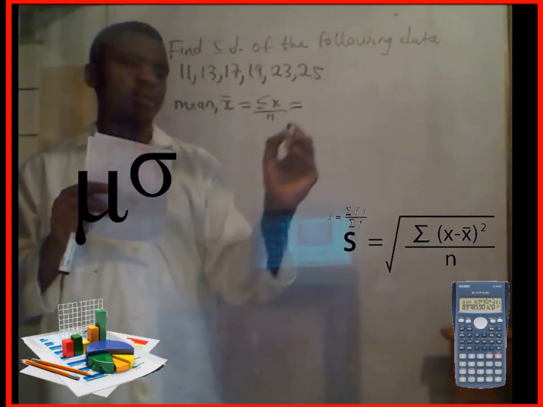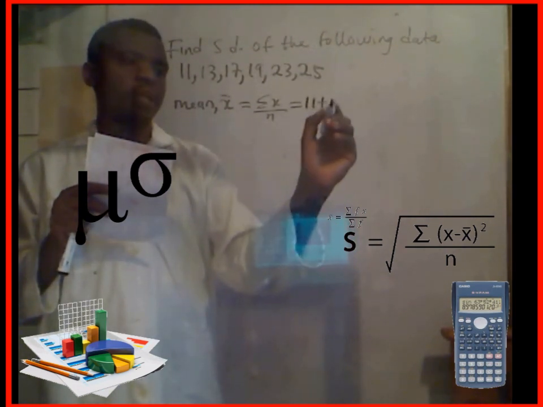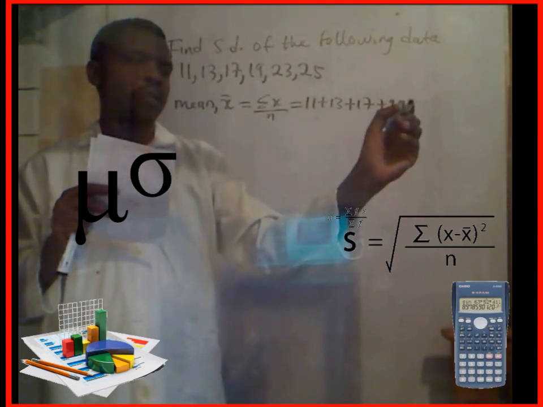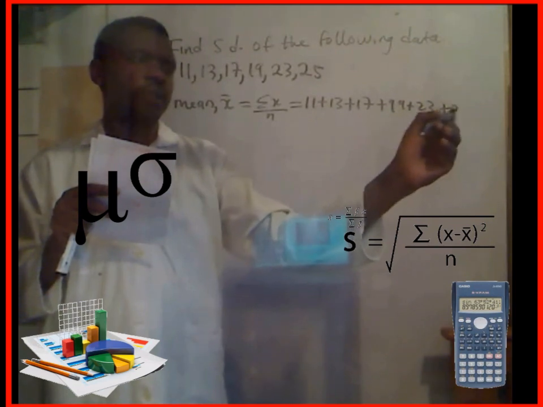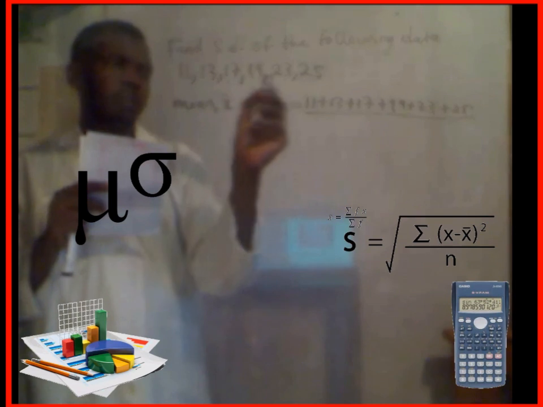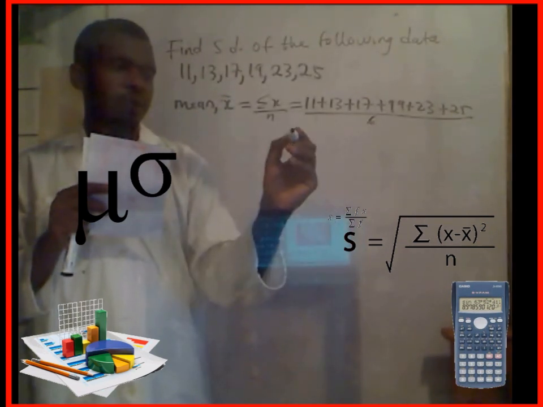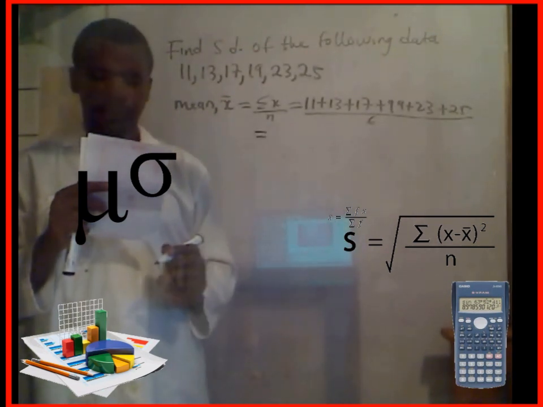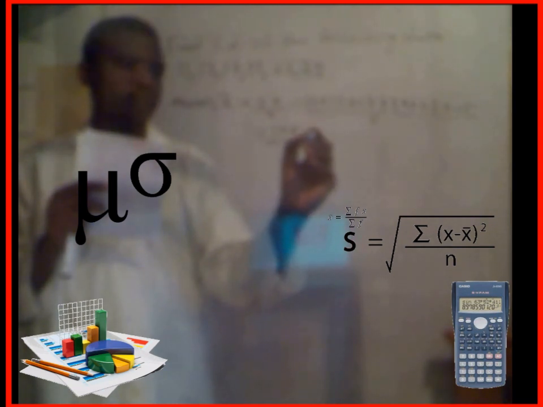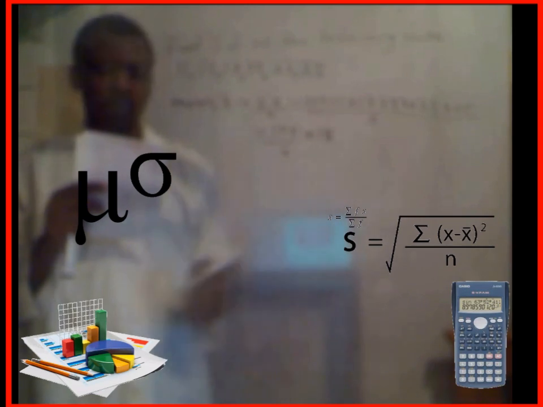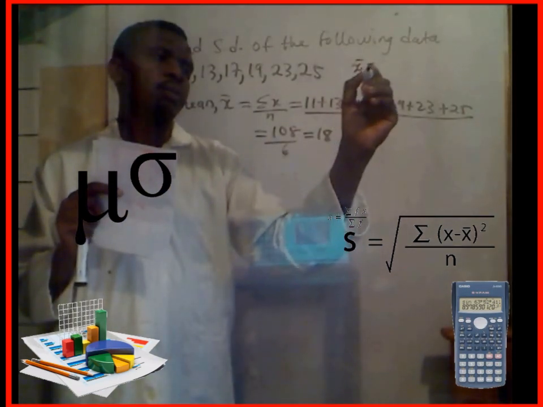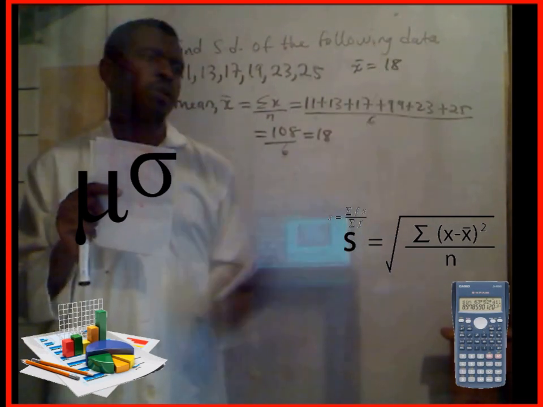So this will be equal to 11 plus 13 plus 17 plus 19 plus 23 plus 25 divided by 6. So this gives us 108 divided by 6, which is equal to 18. So the mean here is equal to 18.